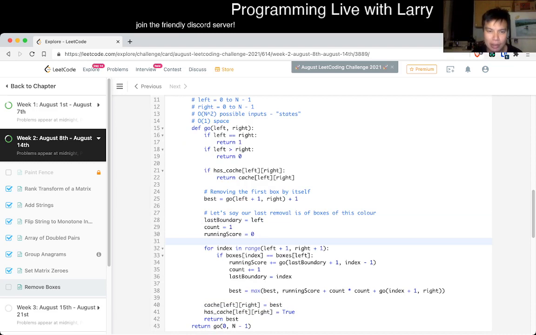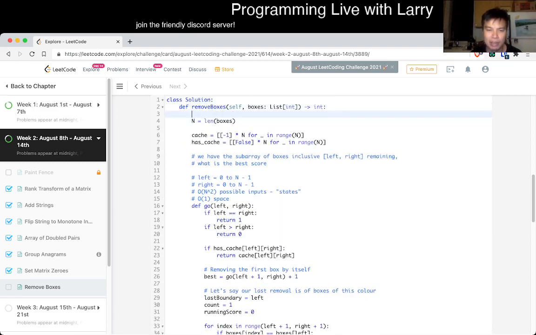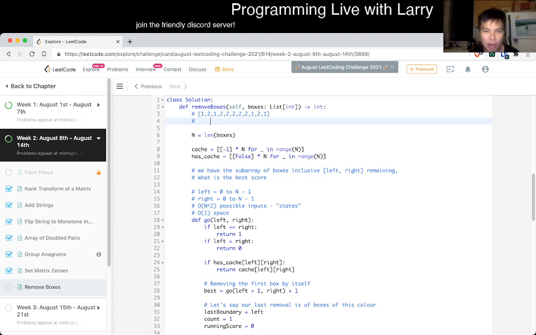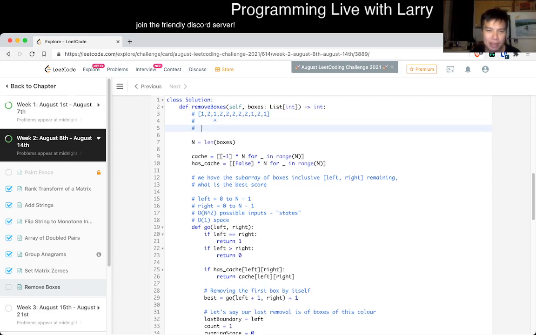But the idea about this test case that makes it wrong is that, okay, you have this. I think the optimal move is to remove this 1, and then everything will fall in place first. But what my code does is try to remove this 1 with this 1, and then separate out the 2s. Yeah, and I think that may be the reason why. So I have to be able to remove this 1 by itself.